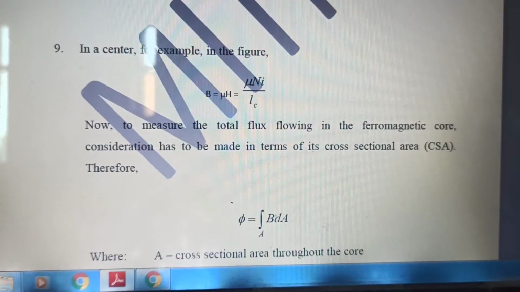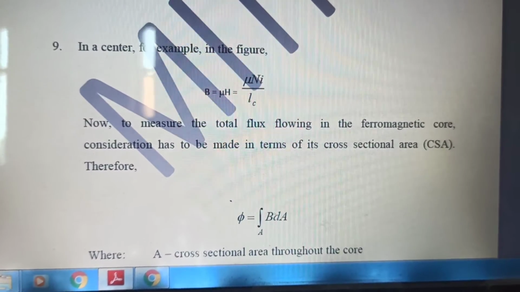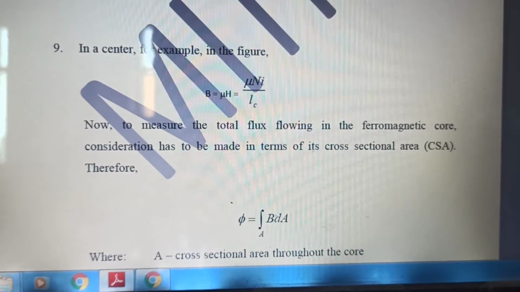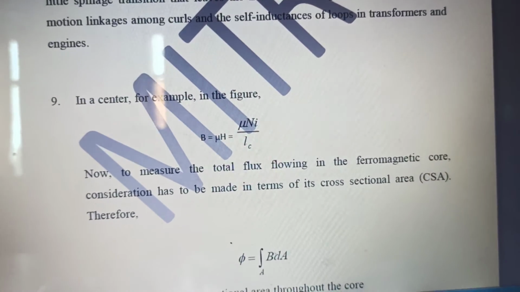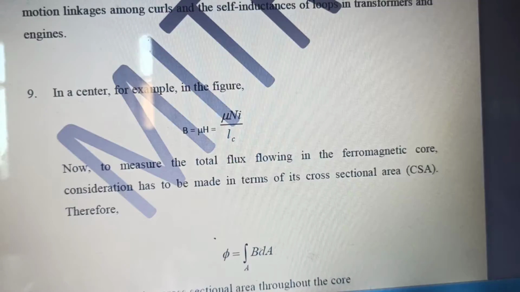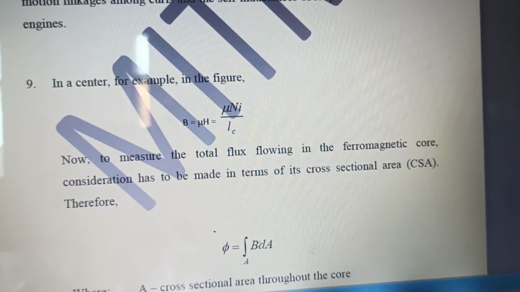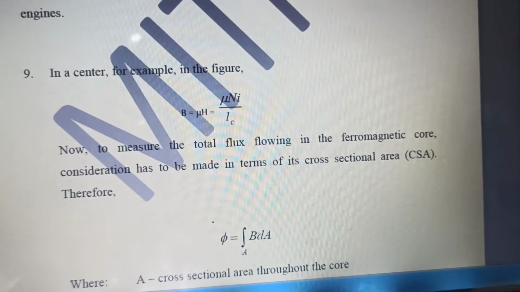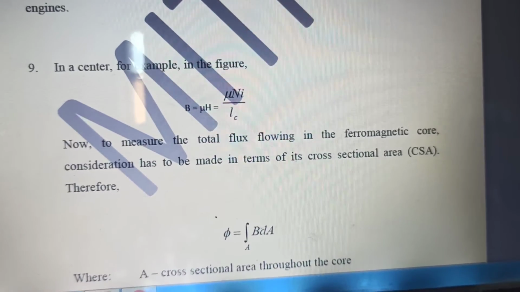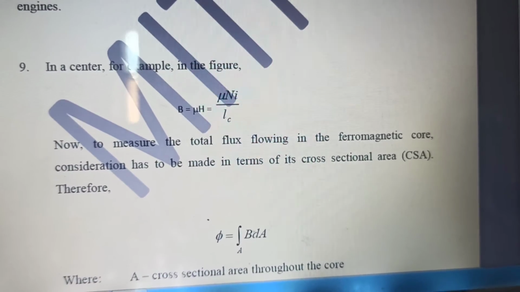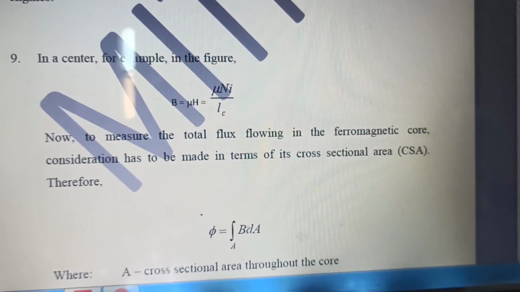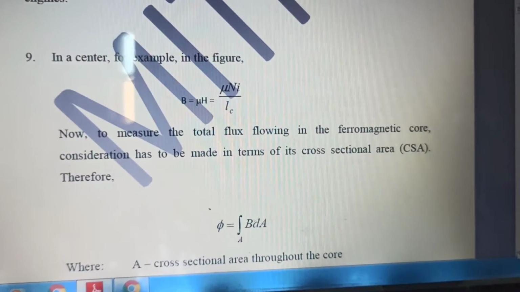Second, a very important thing is that as the wire is of infinite length, alpha 1 and alpha 2 both will become 90 degrees.